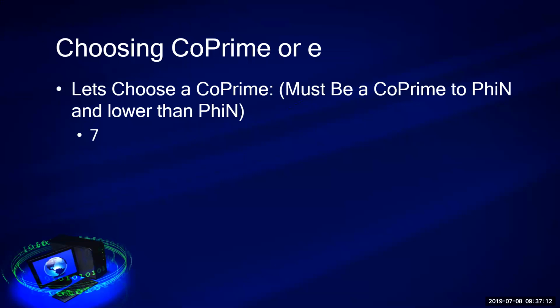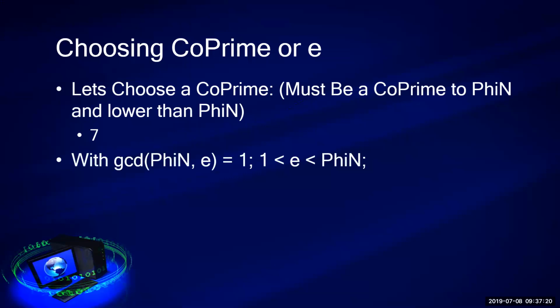So I chose the number 7, which is definitely lower than phi n, and we can check it does meet the criteria of the greatest common divisor equals 1, so 1 is less than our chosen value, and it's definitely lower than phi n, so it does meet the criteria. So we can set E or coprime equal to 7.